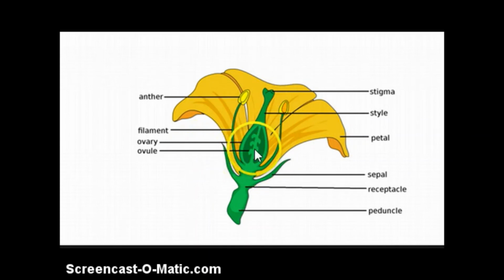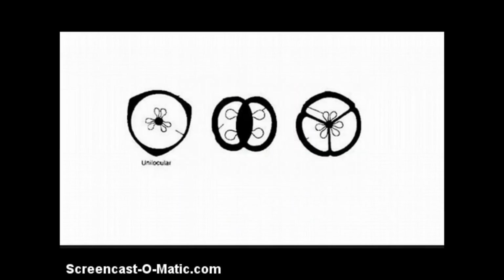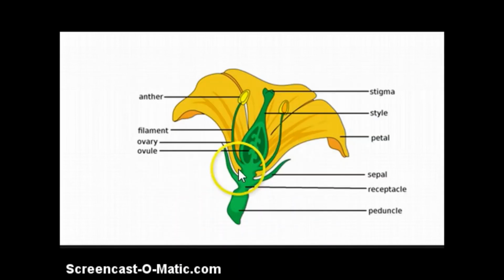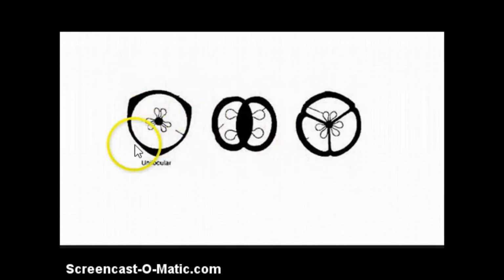Now the transverse section. If you cut this ovary horizontally in this way, then it will look like this, a circle, inside it this is the central column or the stalk, and on sides of that the ovules are there.